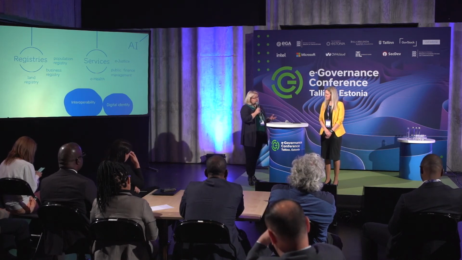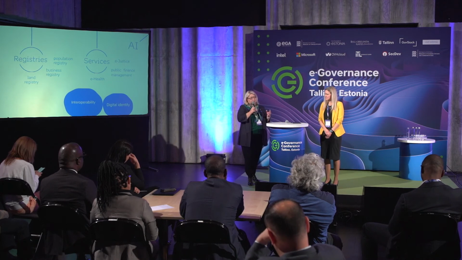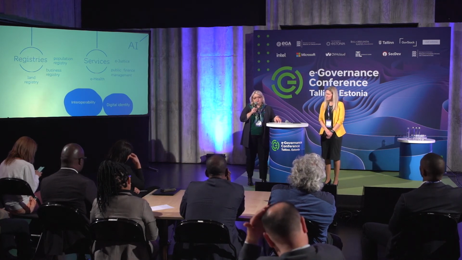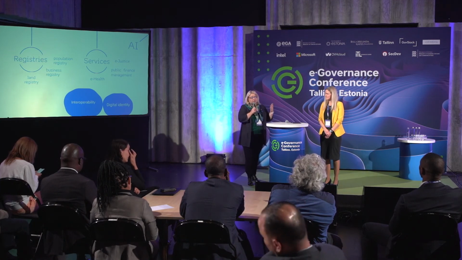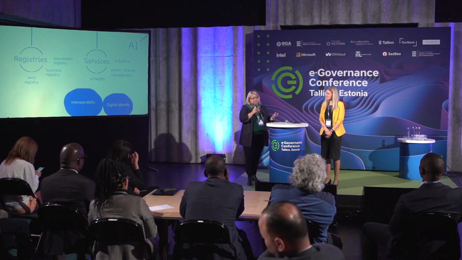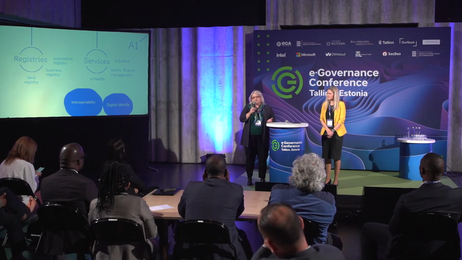So if you start to create some real cases, you create some fundamental registries, start only with the population and business registry, for example, create some fundamental services for businesses like online company registration and some taxation, and create a key, an identity. So there will be very positive feedback from your audience, and then you can go step by step further. You shouldn't implement everything at one time. You can go step by step with some small steps.